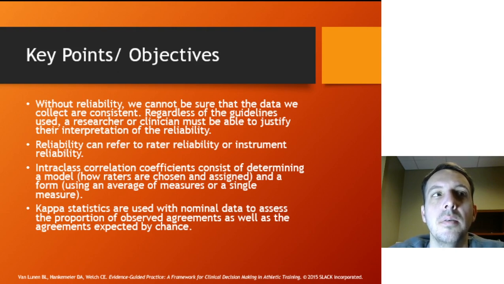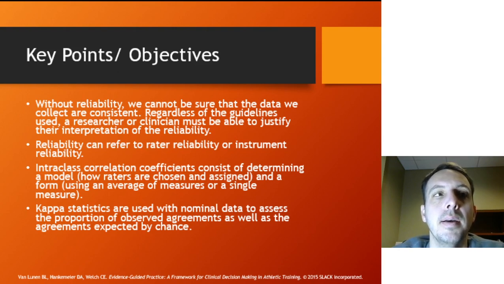And then we also look at the different forms on whether it's single measure or average of measures. Then we can compare those to the charts associated to what is an appropriate amount of agreement or reliability for the measure that we're using. I understand that there are specific charts, but we also need to analyze that compared to the standards within each one of those fields.